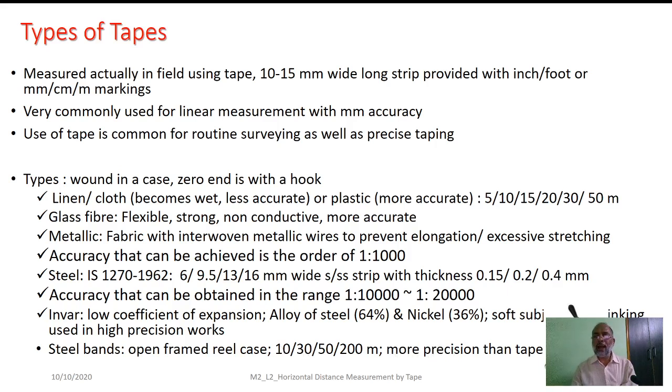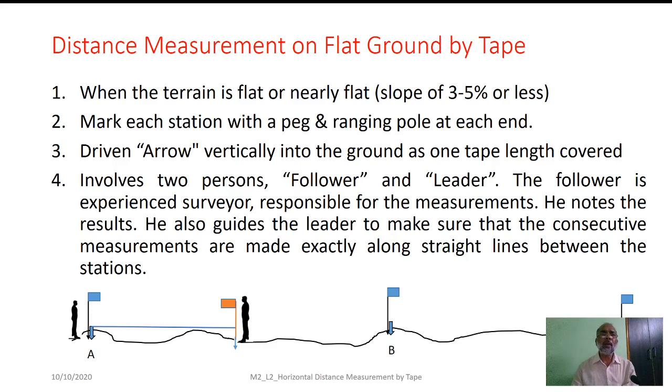Usually, steel bands are preferred for measurement of baselines. This process we have discussed in detail in our last presentation, very similar to the process that we adopt in order to measure the distance on flat ground or on sloping ground. Here also we can make use of this tape to measure the distances.